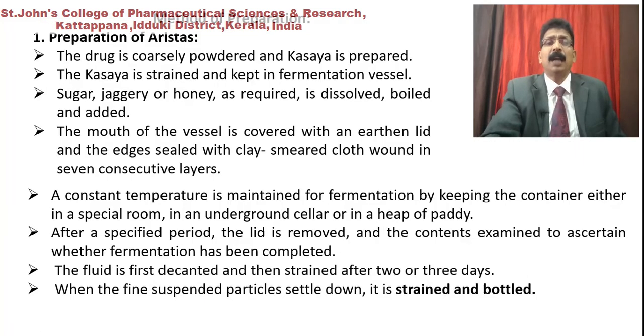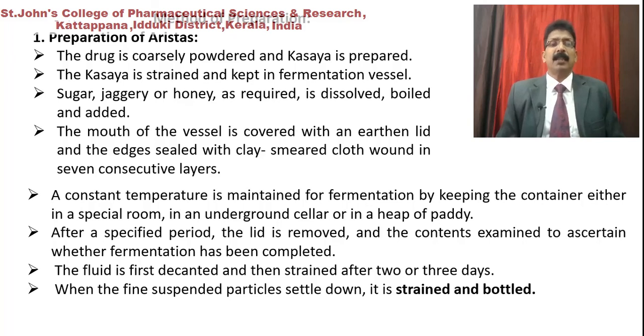And you can see the method of preparation of arista. The drug is made into coarse powder and kasaya is prepared, and the kasaya is strained and kept in a fermentation vessel. Sugar, jaggery or honey as required is dissolved, boiled and added.